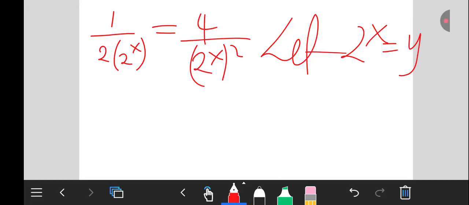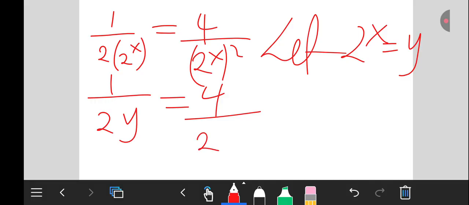You can substitute that, so it will be 1 over 2y is equal to 4 over, there we can have 2y, not 2y but just y square.